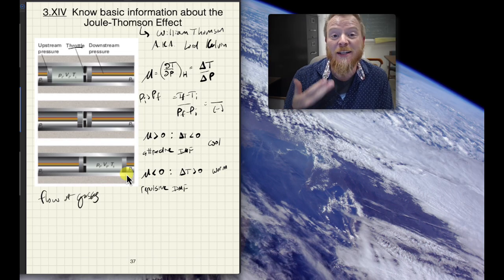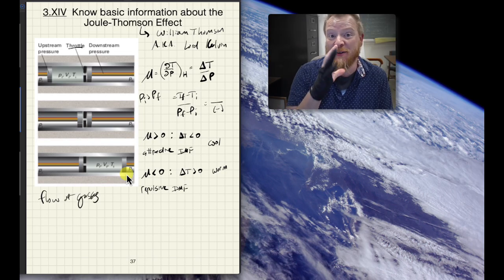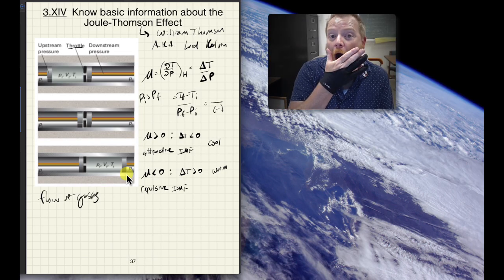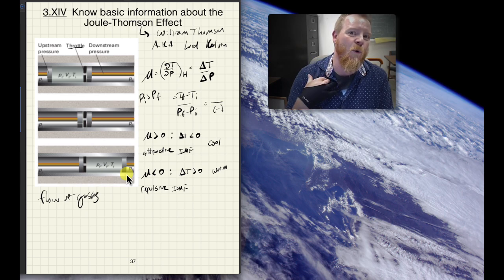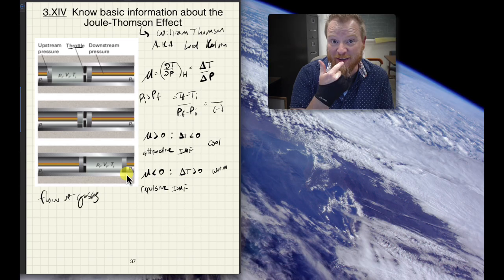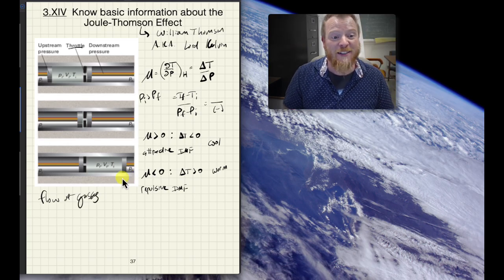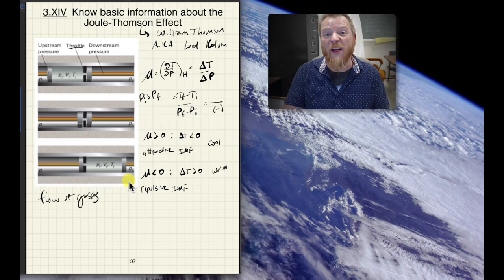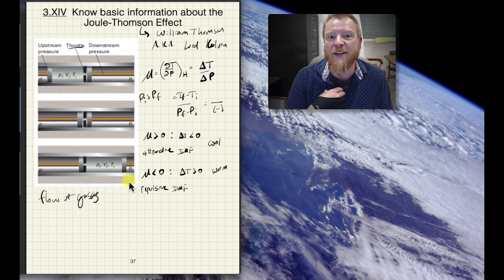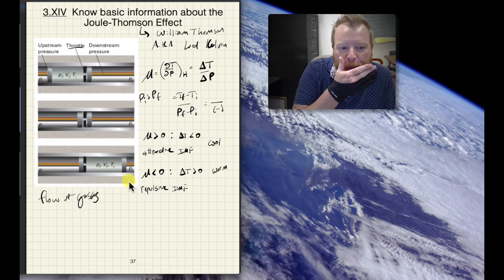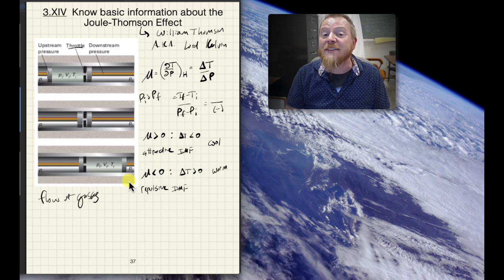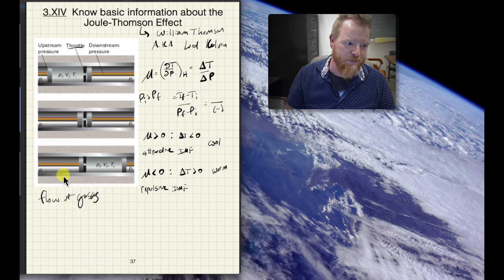Hopefully it does. And you can compare that to having your mouth wide open. And now I can feel the warm heat coming out of my lungs, right? So by making this throttle, I'm demonstrating this Joule-Thomson effect quite well. And hopefully what you can see here from the air that's in your lungs, it would have a positive Joule-Thomson coefficient, so it's cooling as it expands.